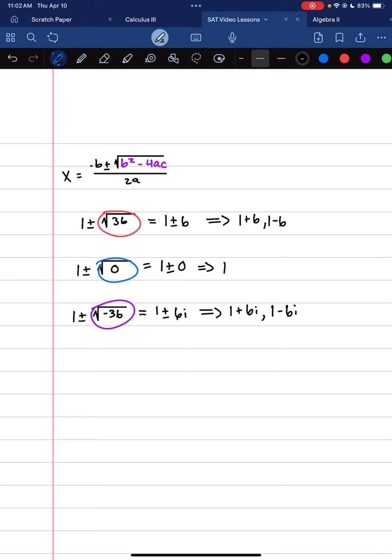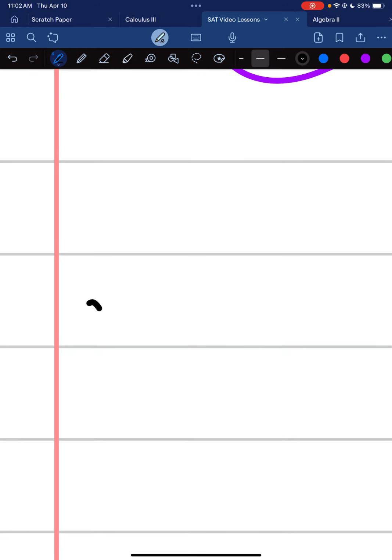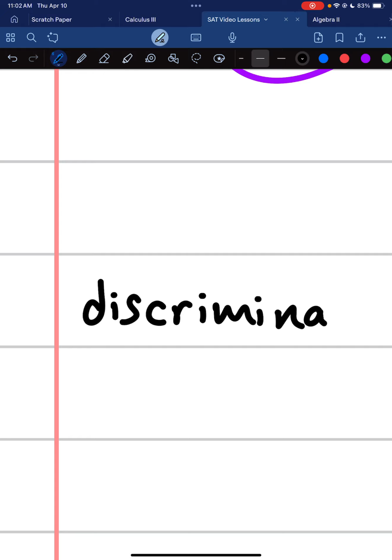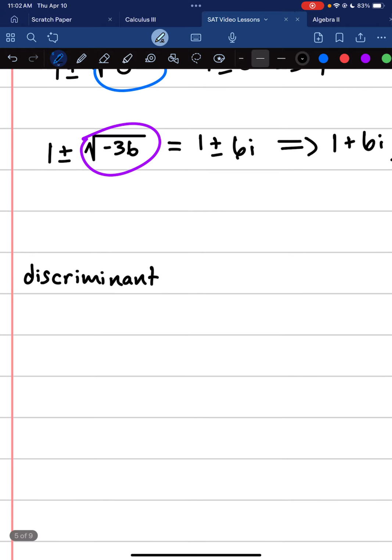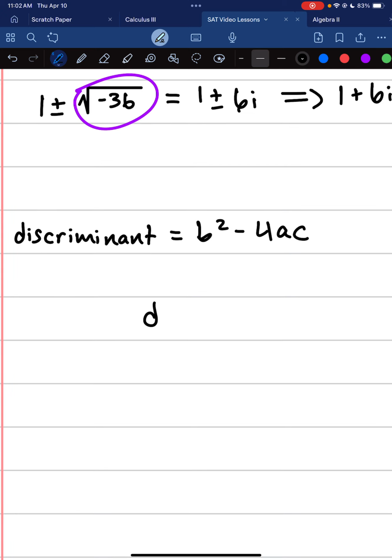So to formalize this, the discriminant is equal to b squared minus 4ac, and when it's greater than 0 or positive, you have two real solutions.